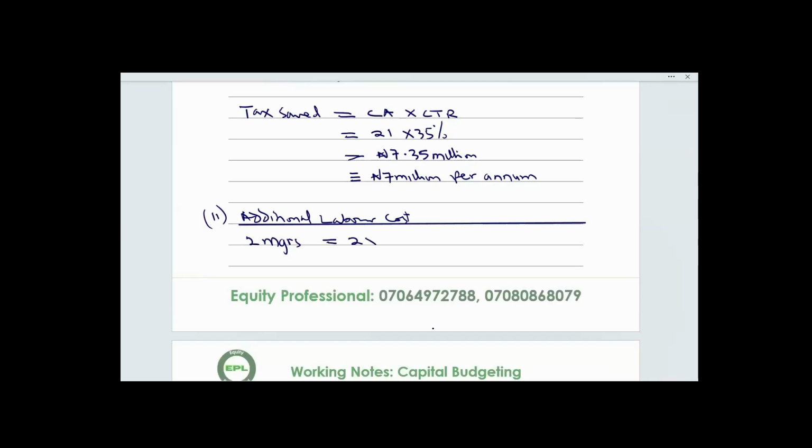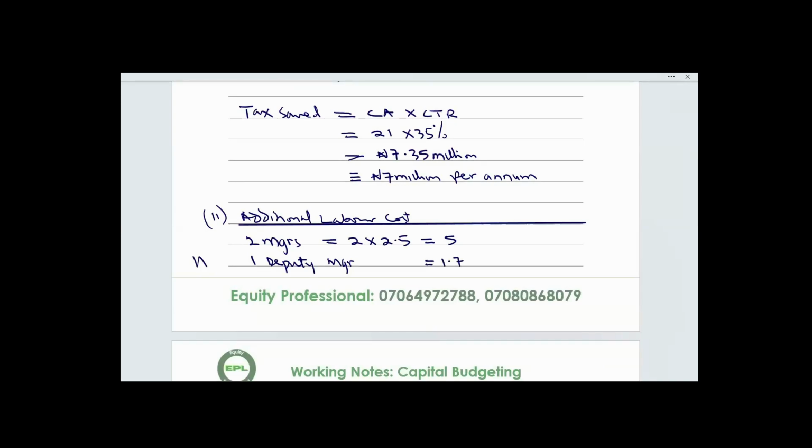So 2 multiplied by 2.5 million will give us 5 million naira. Then we're also told that 1 deputy manager will be at a cost of 1.7 million.